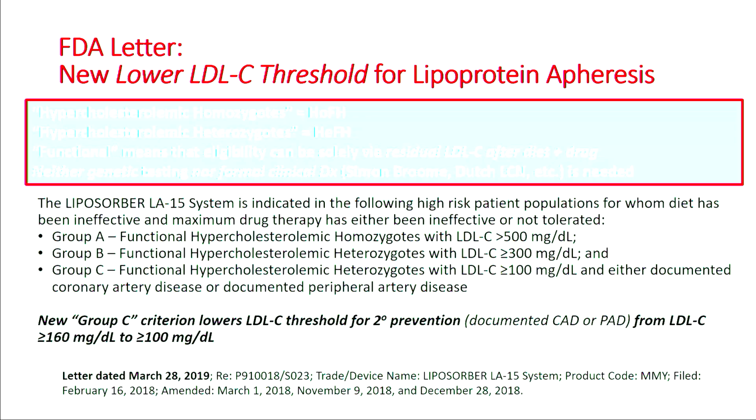And then group C is those with LDL 100 or more and either documented coronary disease or peripheral arterial disease. So this new group C lowers the threshold for secondary prevention down to 100 milligrams per deciliter, which really fits with the emerging evidence that the lower the better, and that we need to get to very ultra low LDL levels in very high risk patients.